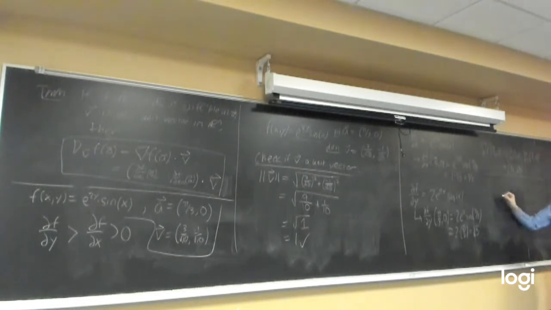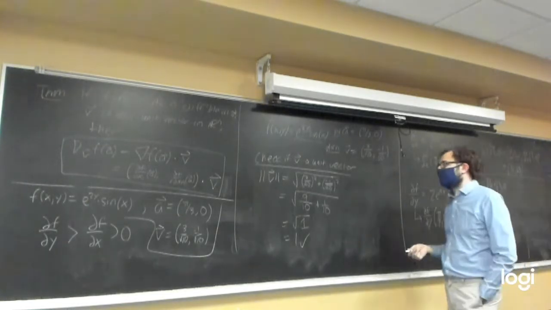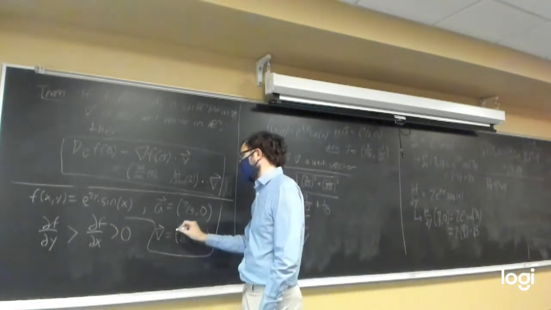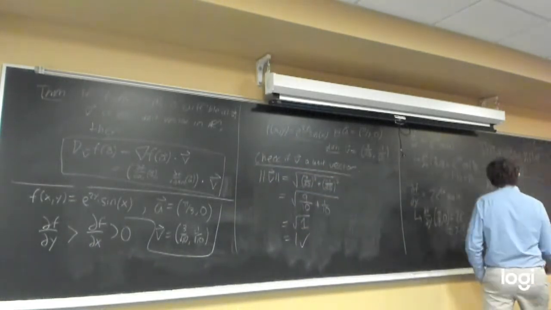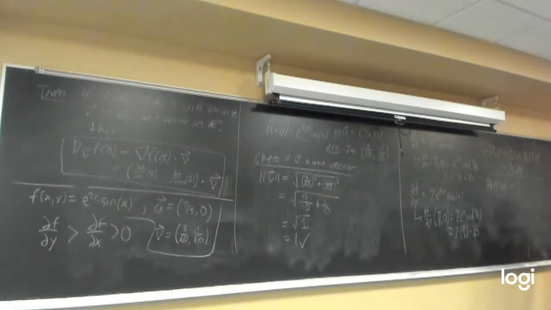And now, I think we're ready to evaluate our directional derivative. Meaning, if we're standing at pi over 3, 0, what's going to be the slope if we travel in the direction of this vector v here? So what should I be plugging in here?